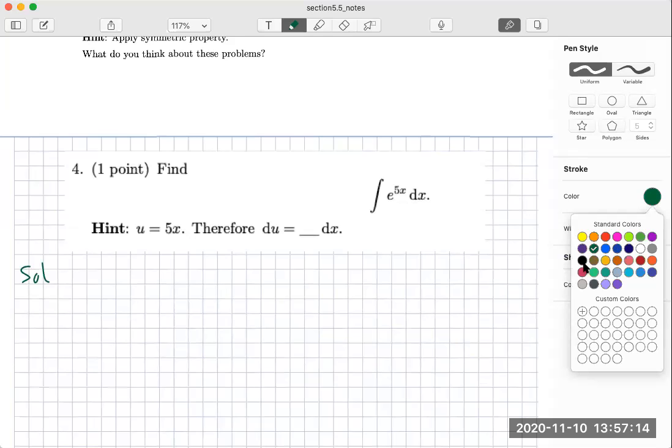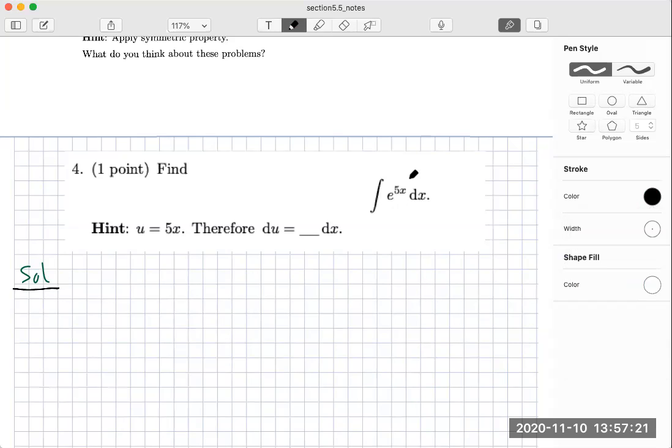We want to compute this integral. It is not easy to find the antiderivative of e to the 5x, or you can find it if you do it many times. But let us make our life easier by changing the variable, okay?